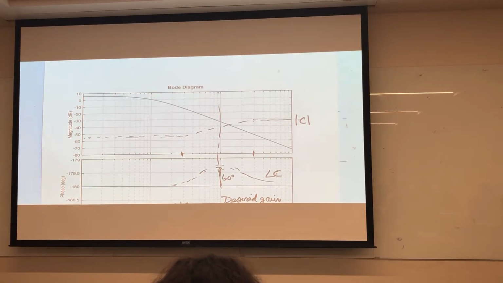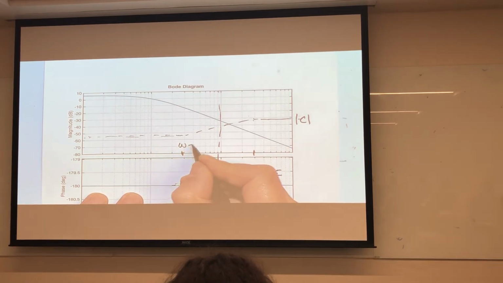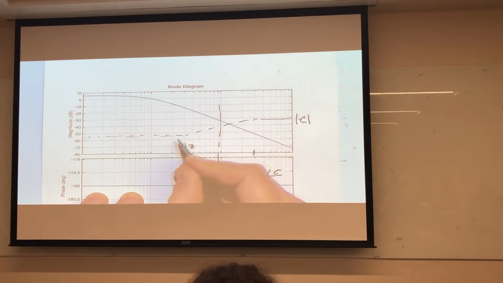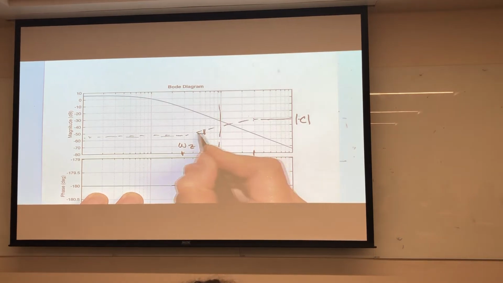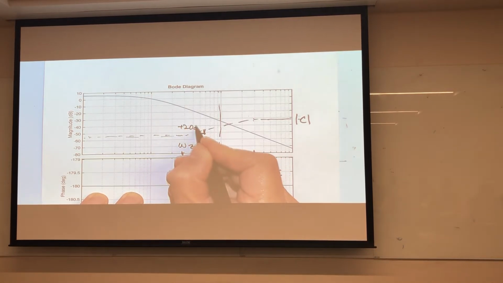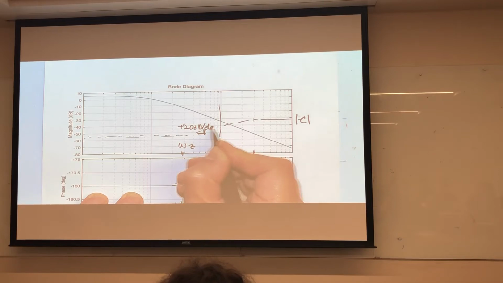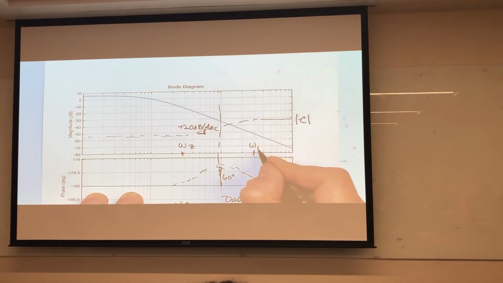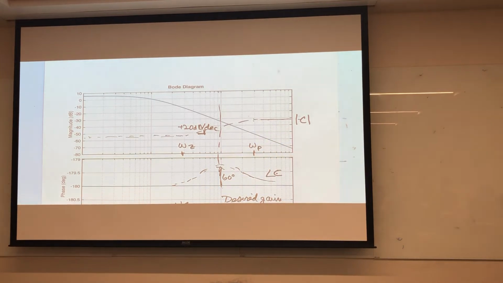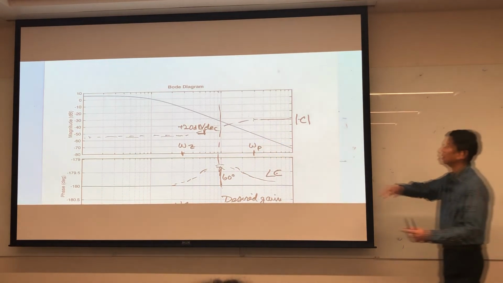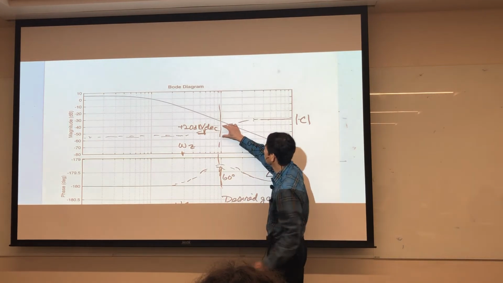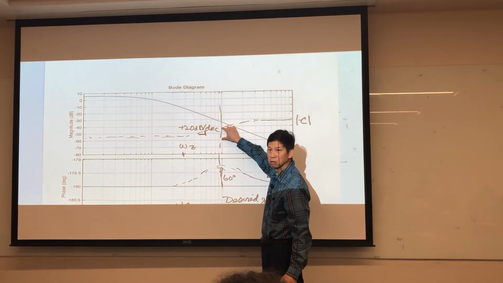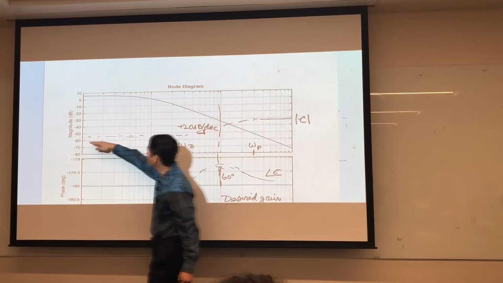Okay. So when we put in the zero and pole, put a zero right here, this is going to start increasing. This slope here is going to be plus 20 dB per decade. The compensator has some increased gain. And then when it hits the pole, the gain quits increasing. Now what we need to do is we need to know how big this is, and we also need to know what this is.